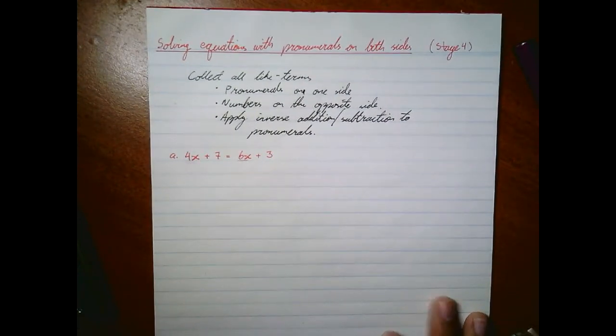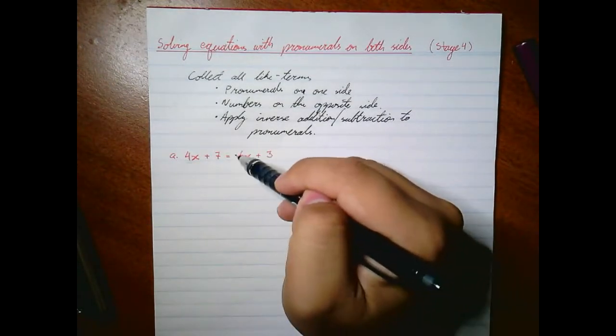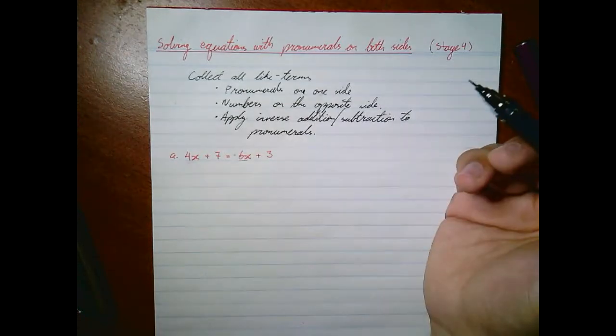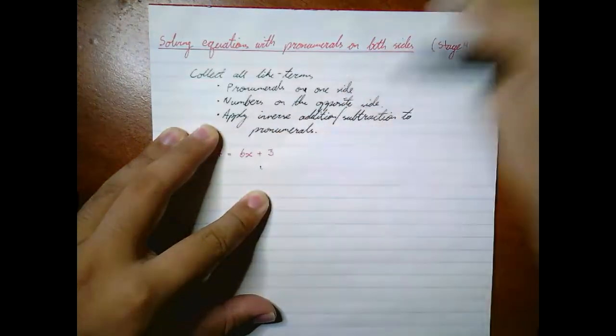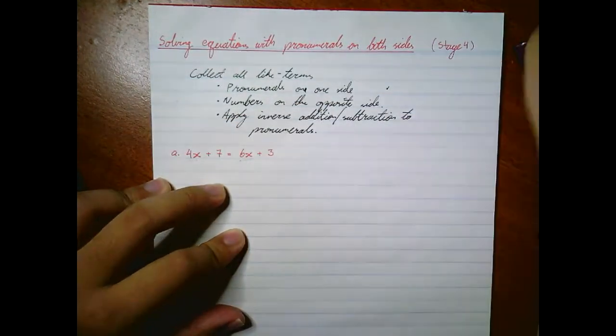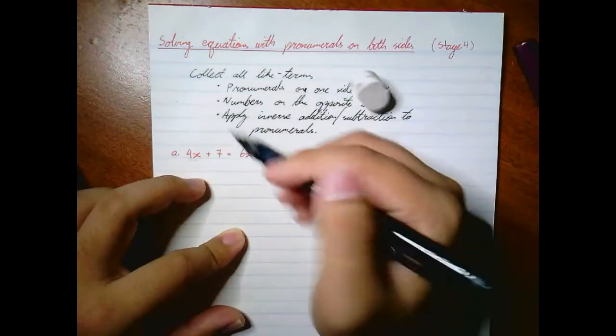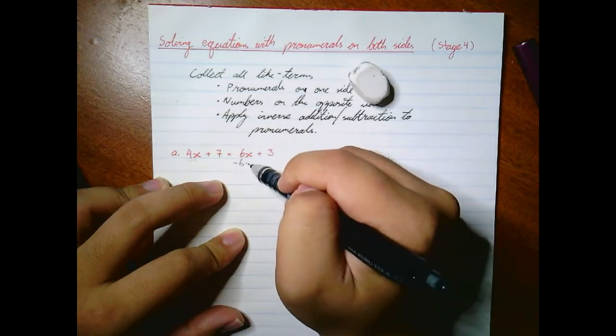And the only way we can do that is, see how this is plus 6x? That's a positive 6x, right? What we're going to do is actually apply an inverse operation to this entire term. By that we mean, well, if this is plus 6x, the inverse operation is minus 6x.